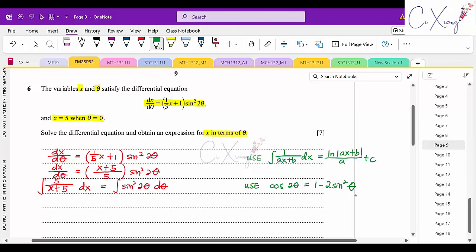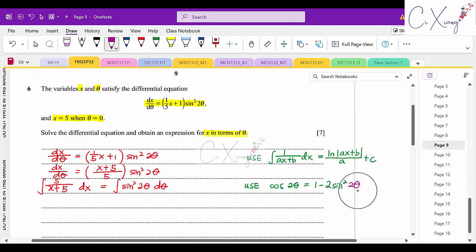But if you observe the angle, the angle here in the question is 2 theta, but in my original double angle formula it is theta. What I can do is modify the theta to become 2 theta. Just now I had theta and the double angle was 2 theta.